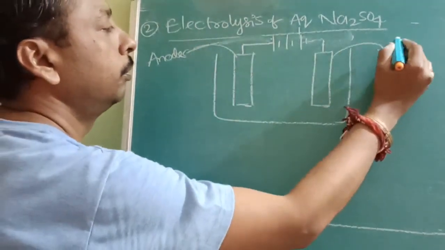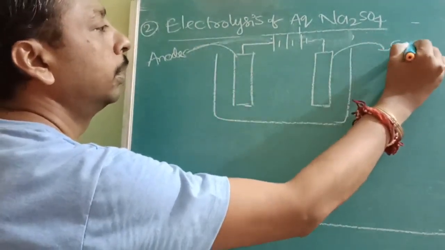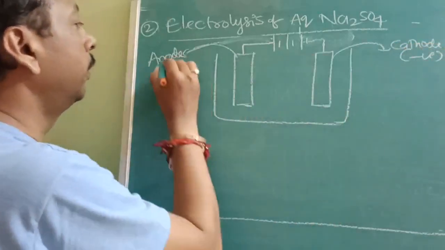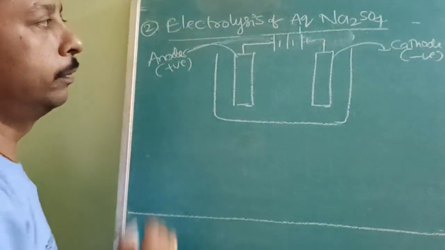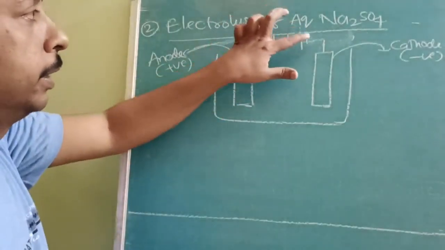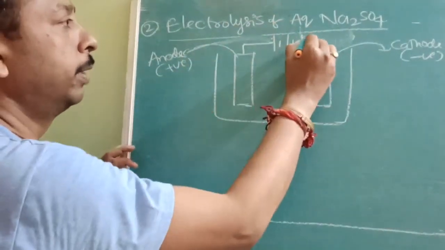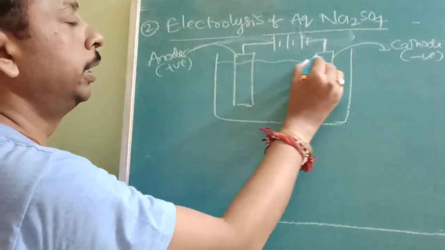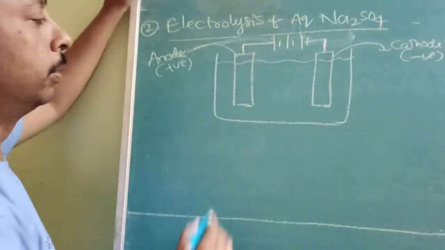This is connected to negative, therefore cathode. Cathode is electrically negative, anode is electrically positive. Every time I am giving stress because people are losing marks because of overconfidence. I don't want that, you should not be one among them.